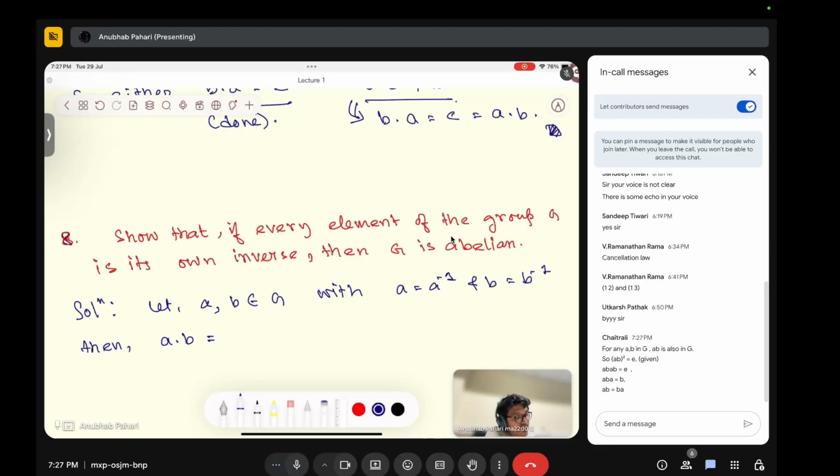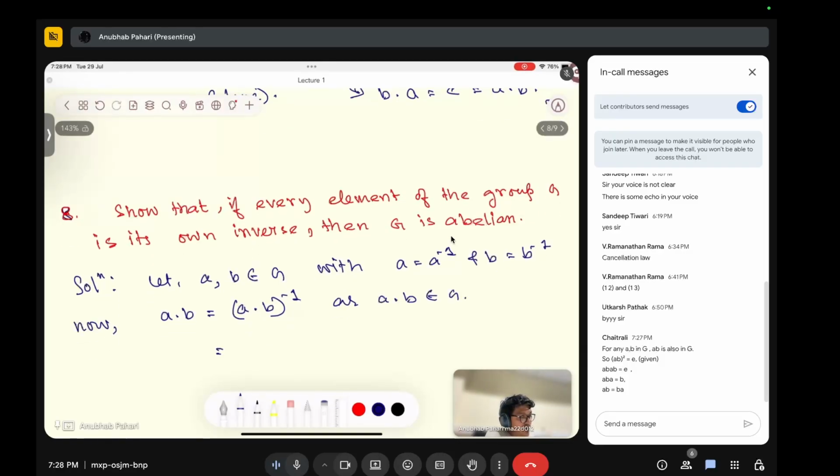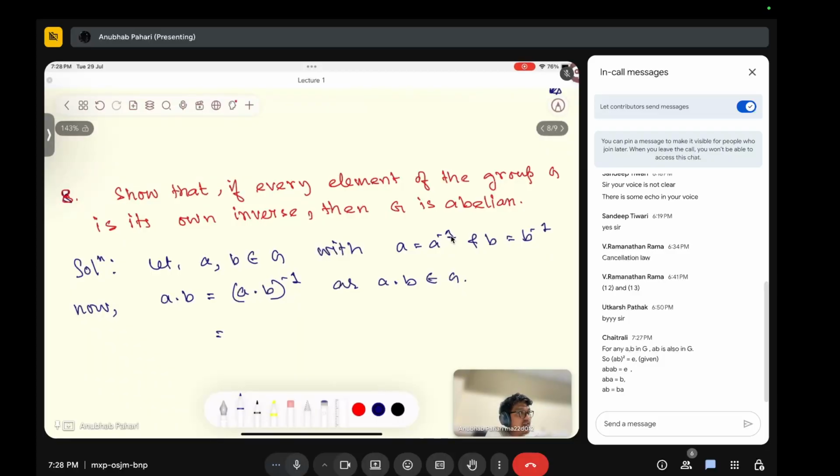Now, this is also true as a dot b belongs to G, right? Now, this means what? This means it should be b inverse dot a inverse, right?